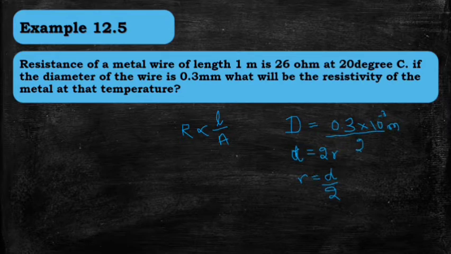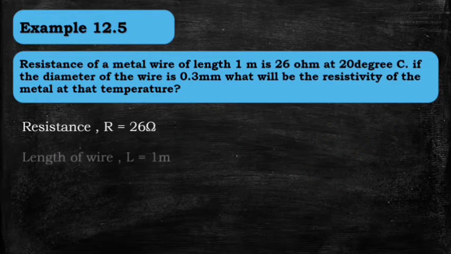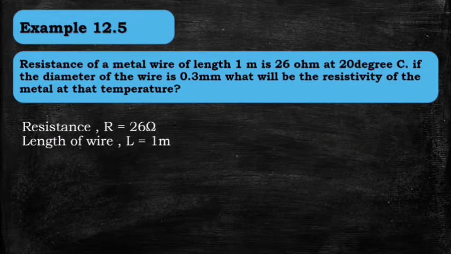To find the area, the wire is circular. Area of a circle is equal to pi r square. We must know the radius. They have given the diameter, so we can find the radius easily by dividing it by 2. Let us see, resistance given is 26 ohm.